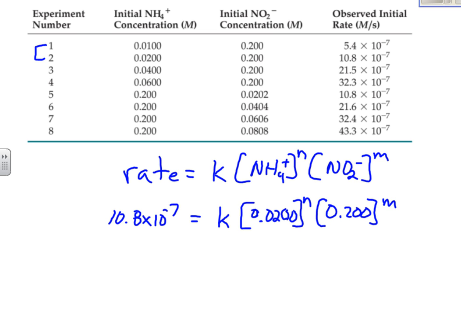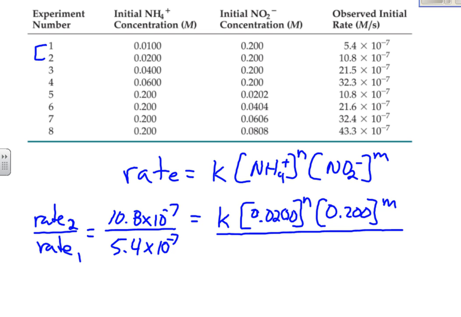Now I'm going to divide that by experiment number 1, so I'm going to compare the rate of experiment number 2 to the rate of experiment number 1. So I've got 5.4 times 10 to the -7th, and I'm going to divide this side also by those values.